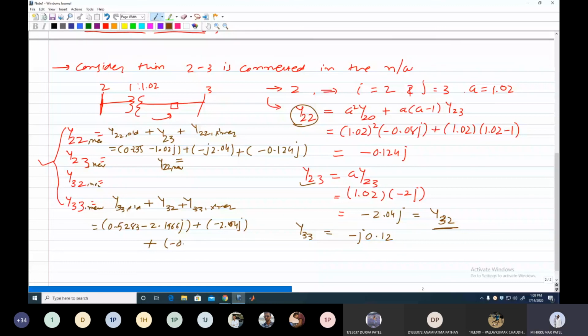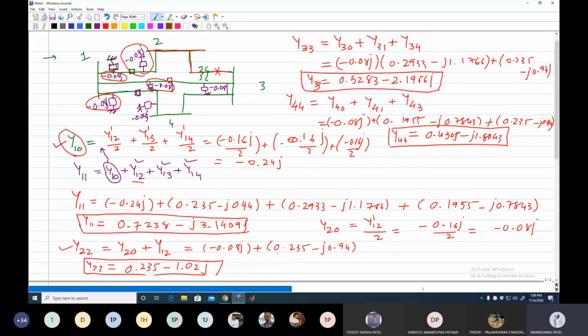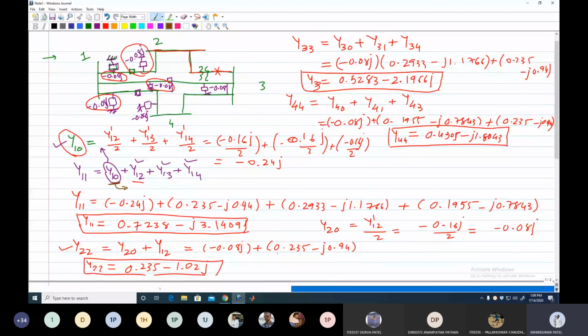What is the final y22 new? Don't get confused, just follow the procedure. Let me repeat it again. You have to calculate the whole example without this transformer. Then add the diagonal element, or shunt admittance, offered by this transmission line.